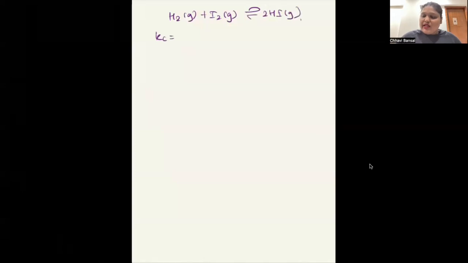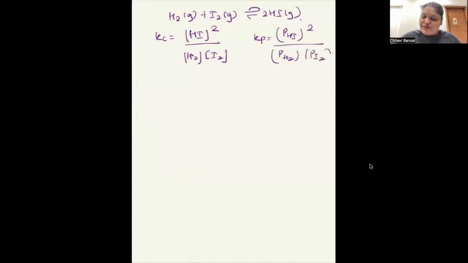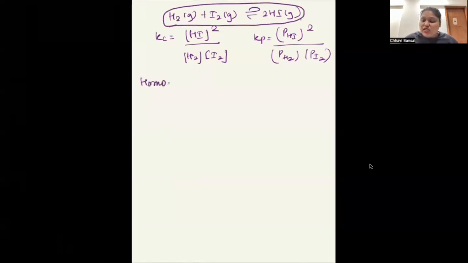So Kc is equal to the concentration of HI raised to power 2 upon the concentration of H2 into the concentration of I2, right? In the same way, Kp will be equal to the partial pressure of HI squared upon the partial pressure of H2 into the partial pressure of I2, right? This will be the value of Kp. Now, this type of reaction, when all the reactants and products are in the same phase, is called a homogeneous reaction.